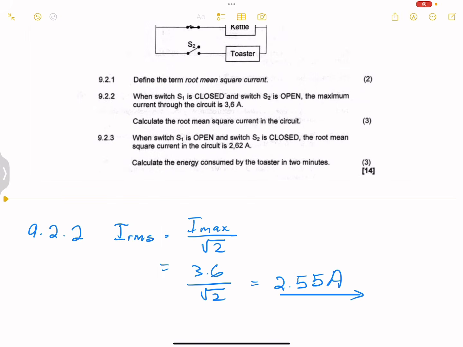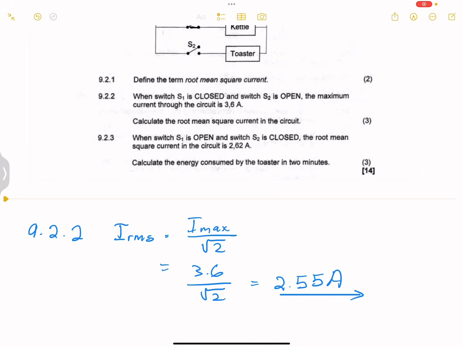Okay, so they say to us, when switch S1 is open and switch S2 is closed, the root mean square current is 2.62, okay? And they want us to calculate the energy consumed by the toaster.